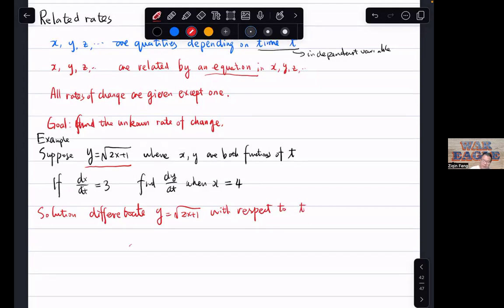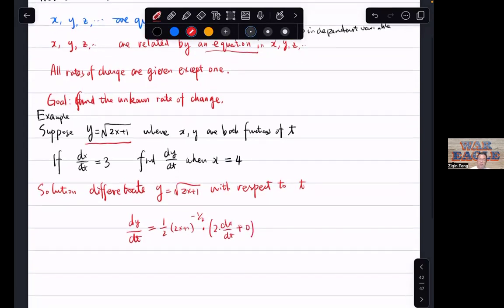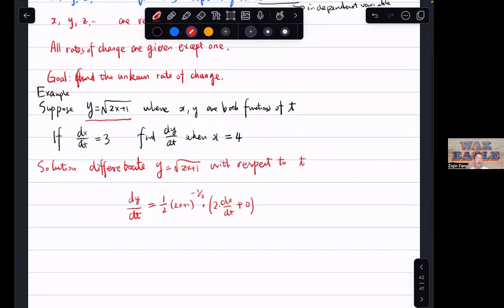The left side will be just dy over dt, easy differentiation. The right side is a composition of two functions, so we need to apply the chain rule. The outer function is the square root, so you get 1 over 2 times (2x plus 1) to the power negative 1/2 times the derivative of 2x with respect to t, so just 2 times dx over dt. The derivative of 1 with respect to t is a constant, so you add 0. So we get the rate of change of y.